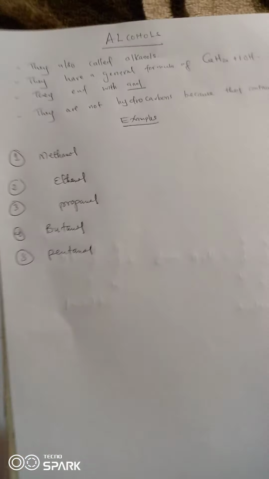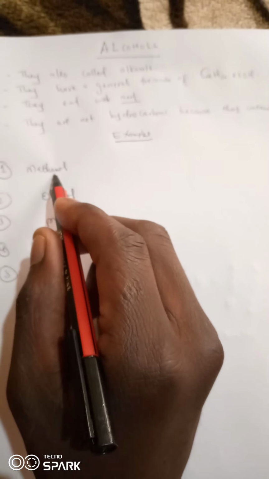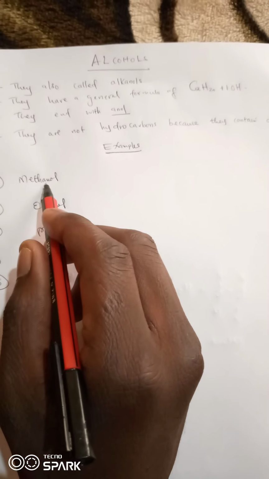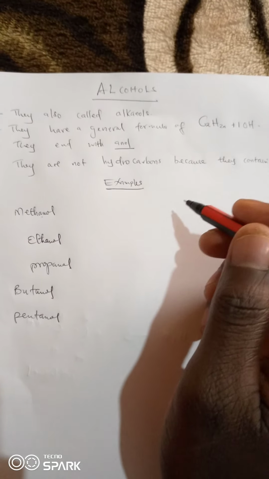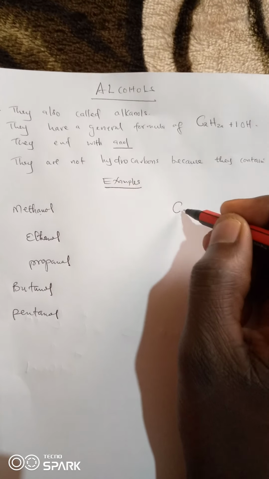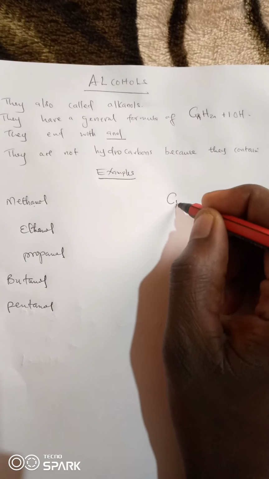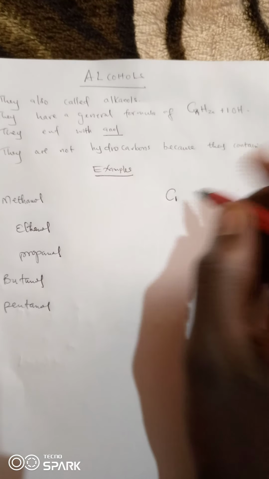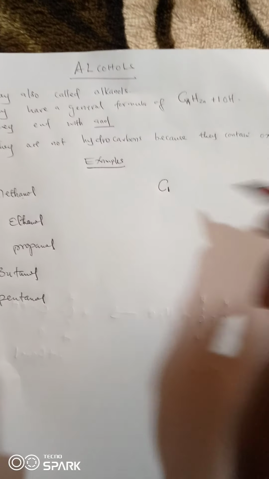So now when you look at these examples, let's try to write the formula for methanol. Remember, we are getting the formula from the general formula, CnH2n+1OH. Where there's n, I'll put 1 because methanol is the first group of organic compounds.